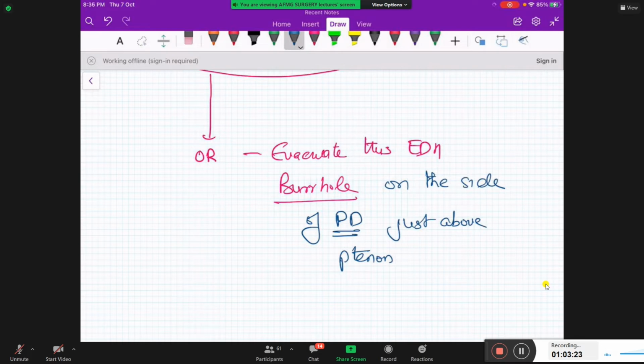And for this burr hole, you don't need to be a neurosurgeon. Even if you are a general surgeon, you should know these life-saving procedures. The way to evacuate EDH is through making a hole in the cranium, which is called a burr hole.